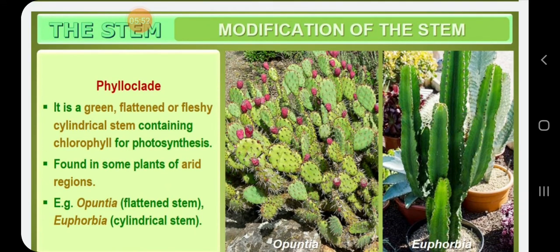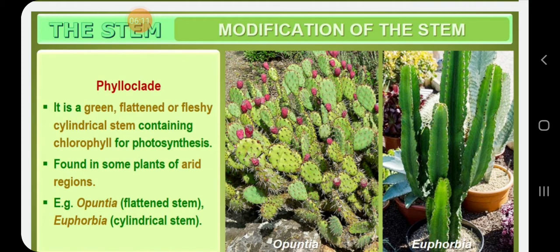Phylloclade. Phylloclade, you can see that in all the cactus plants. It is a green, flattened, and fleshy, or cylindrical stem containing chlorophyll for photosynthesis.